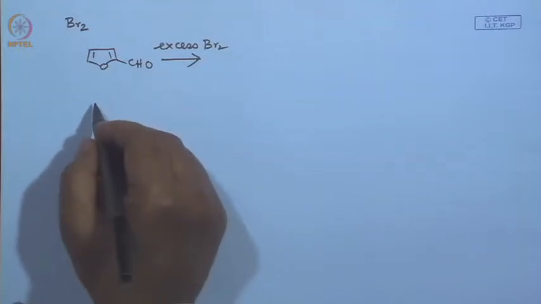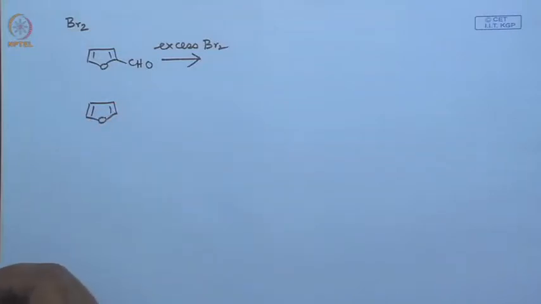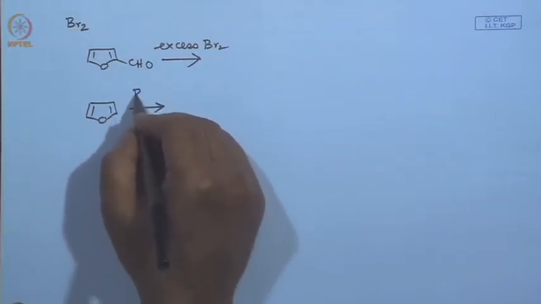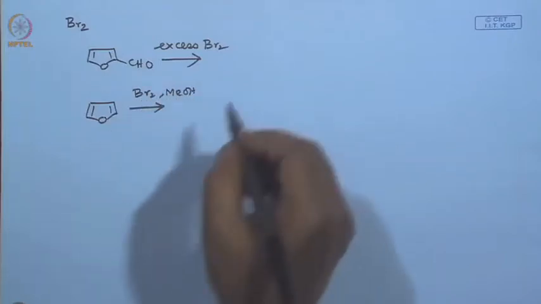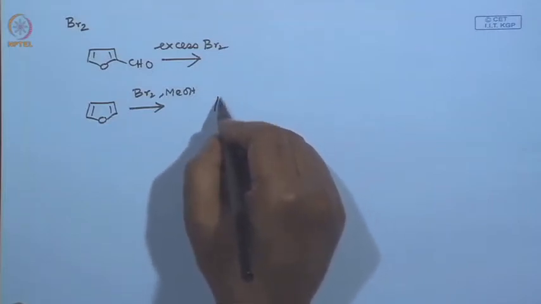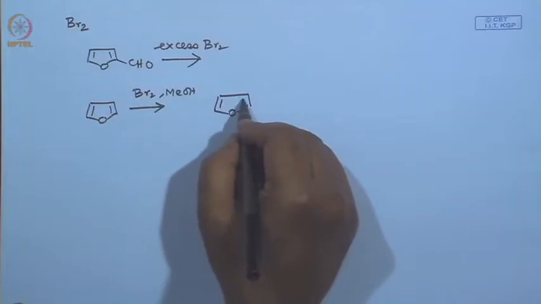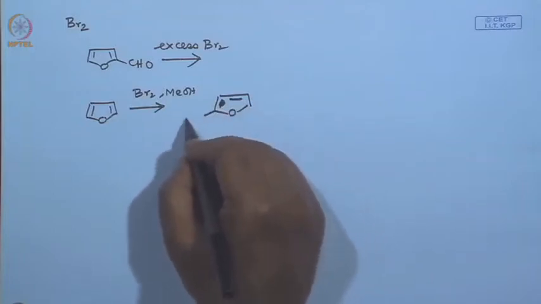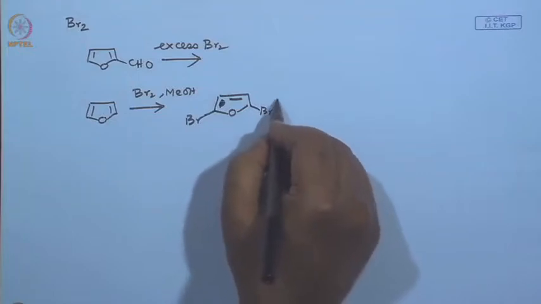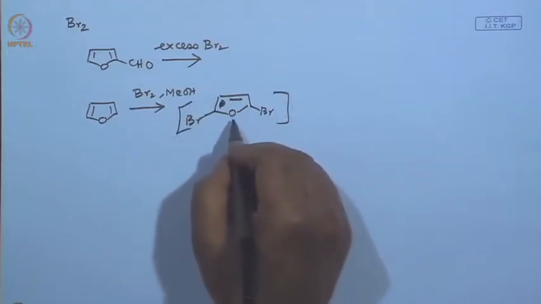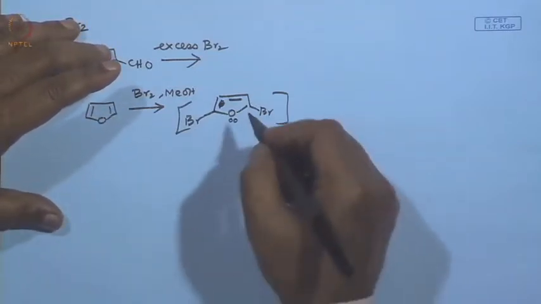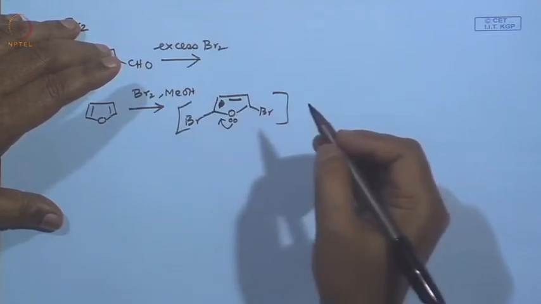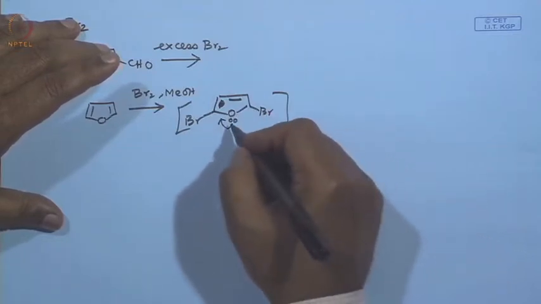Okay, I'll give you a hint. Let us say this is taught in BSc. If you take furan and add just one equivalent of bromine in methanol, what will you find? Because the intermediate dibromo compounds are pretty reactive by virtue of having a lone pair on oxygen, and all of us know an oxonium ion is more stable because of the lone pair effect.